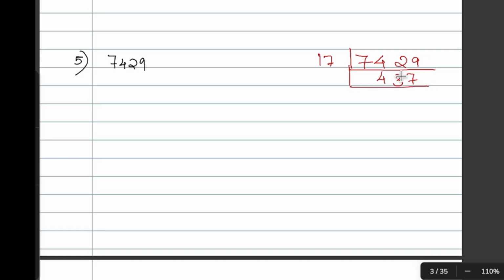Again, on dividing, I need to use the number 19. I will get 23. 23 is what? 23 is a prime number. With 23 only I can divide it. Okay, so this is the answer for 7429.